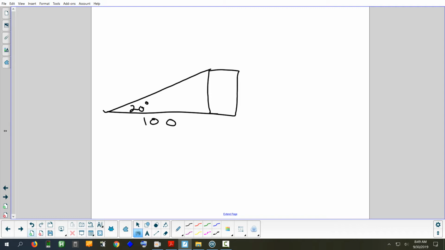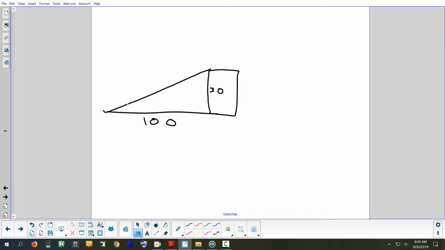Now we could figure out how tall the building is. Or we could do the opposite. If they said the height of the building is 30 feet, what angle would you have to look at the top of the building? You could figure out the angle, like if you were trying to aim something and hit a target on top of the building.